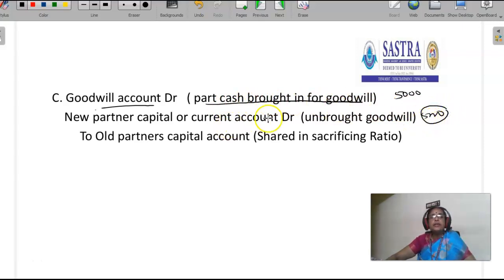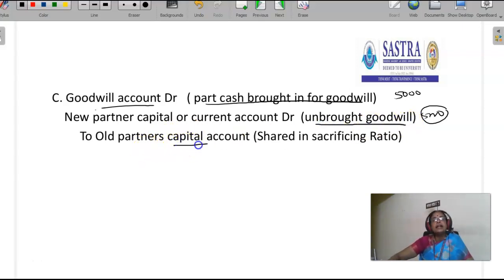That should be debited to his capital or current account. It depends on whether they follow fixed capital method or fluctuating capital. But his capital account should be debited to the extent of unbrought goodwill.